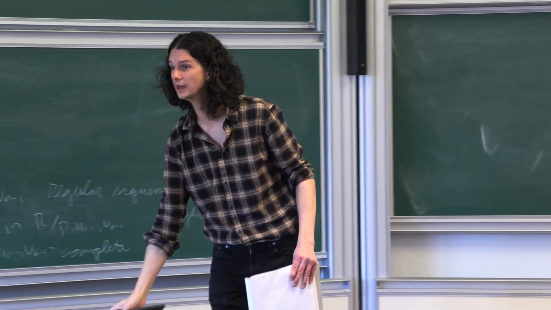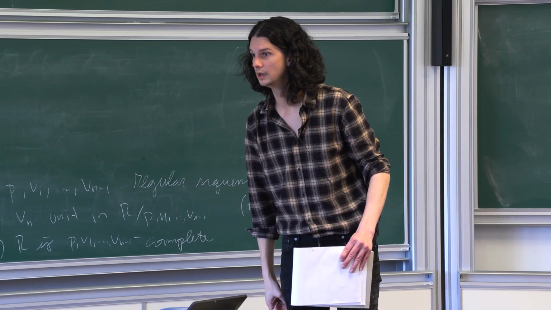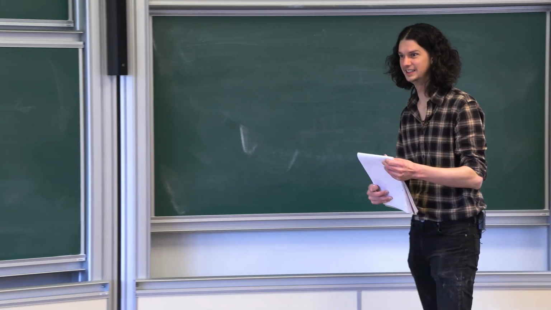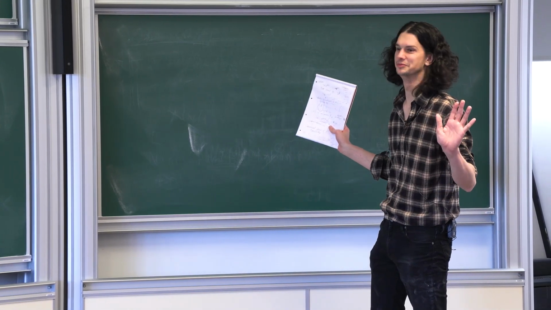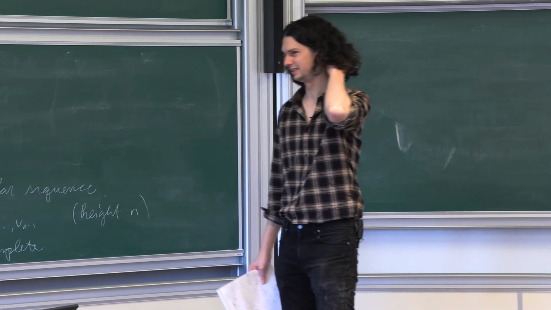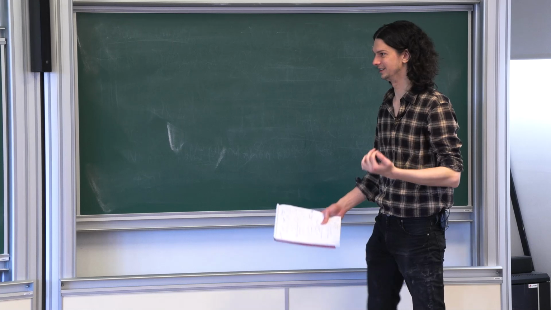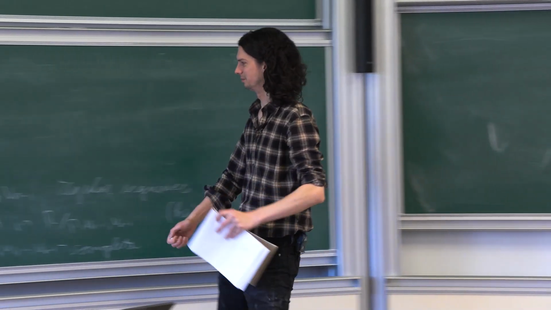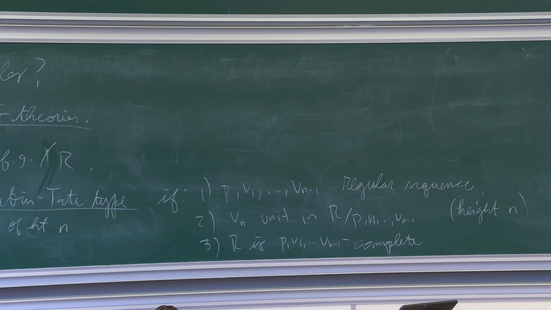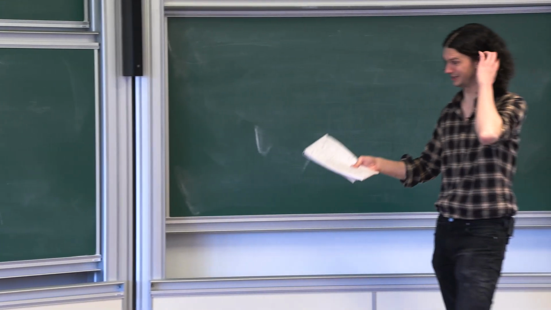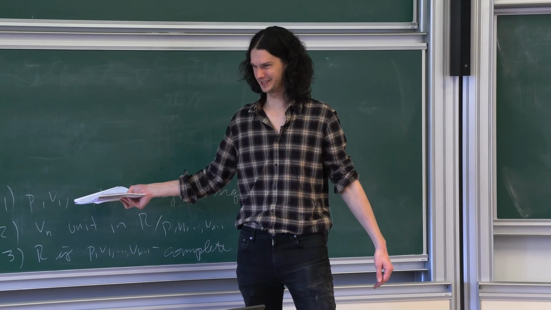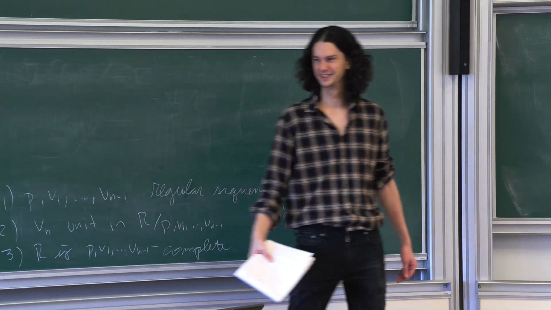Yes, it also shows the different interpretations of regular sequence are equivalent. Because with the old definition of regular sequence, the first is a non-zero divisor. Exactly. Yes, but then you have the Koszul complex and so on, and it's equivalent. I just mean the thing where mod p, V1 acts injectively, and mod (p, V1), V2 acts injectively. The whole theory is non-symmetric, so the question of whether it's symmetric or not doesn't make sense, because V1 only appears when you mod out by p.